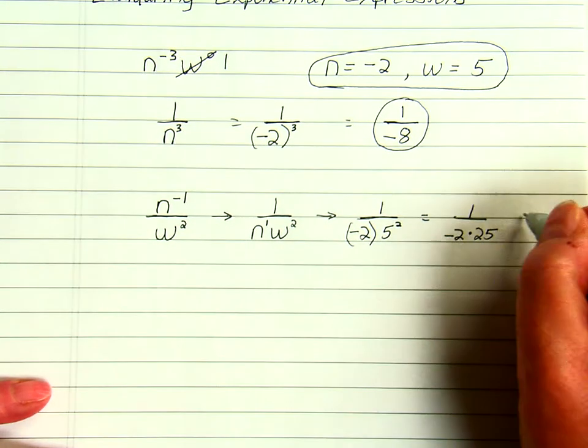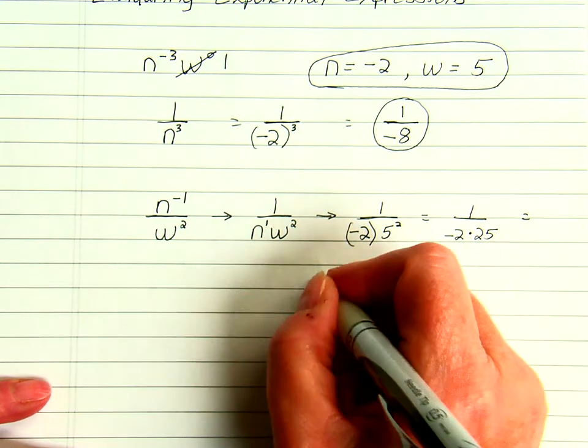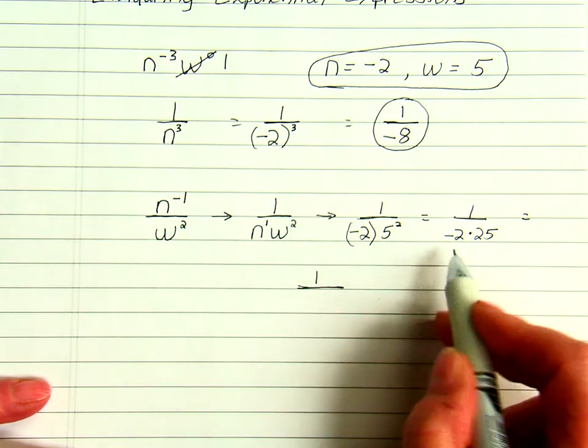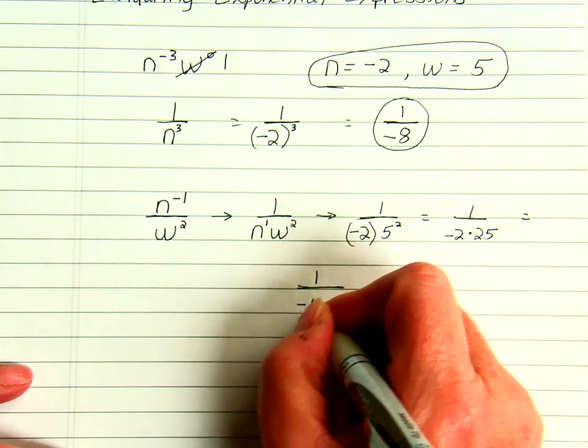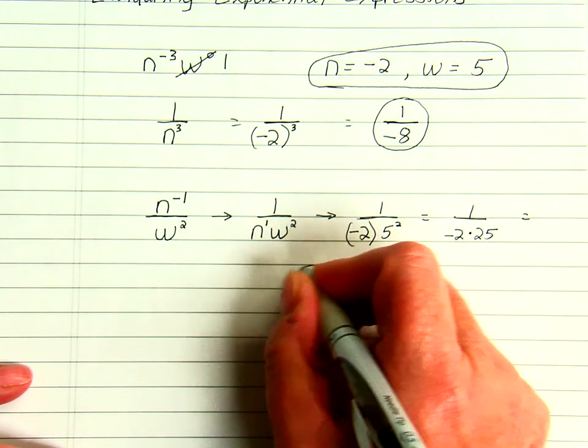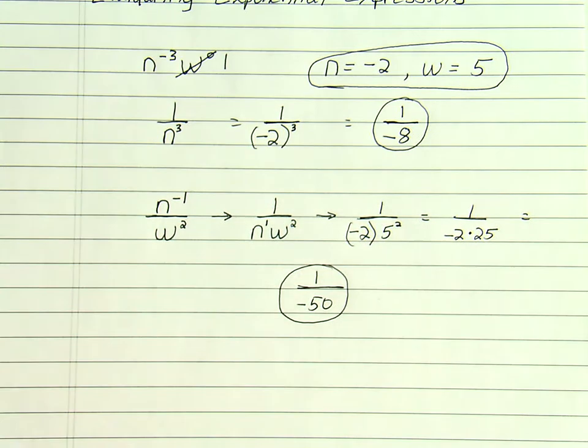And we'll go down to the next line, 1 over, and we have negative 2 times the 25, which gives us negative 50. So our answer here is 1 over negative 50, or negative 1/50th, however you would like to say it.